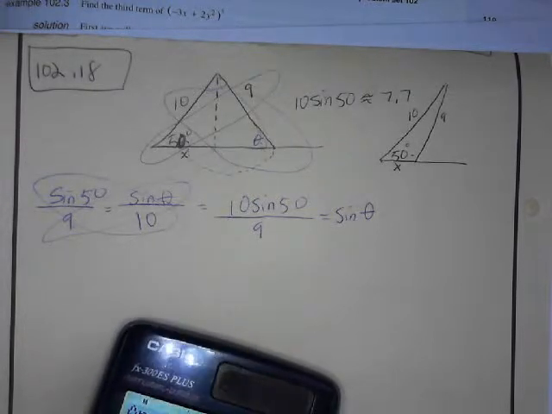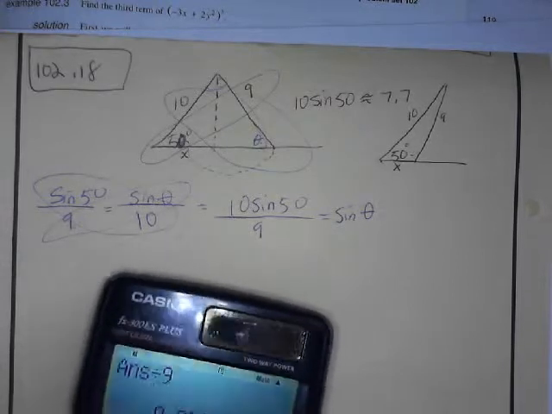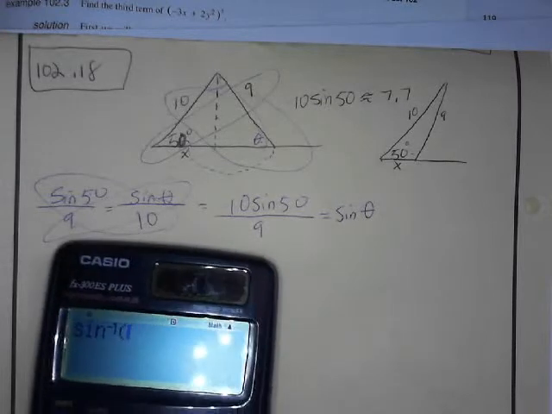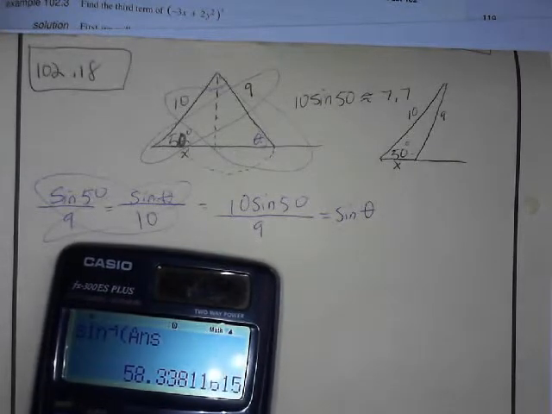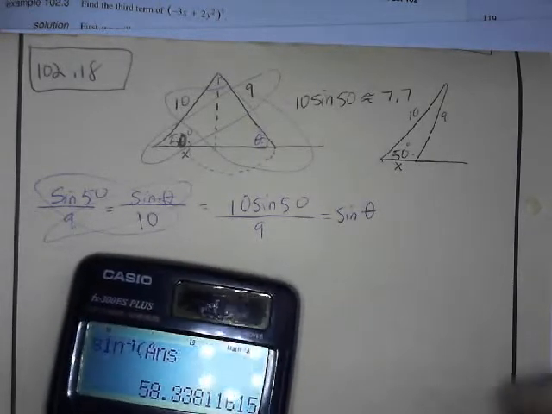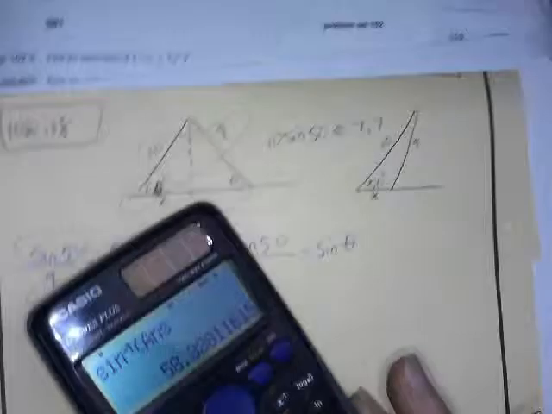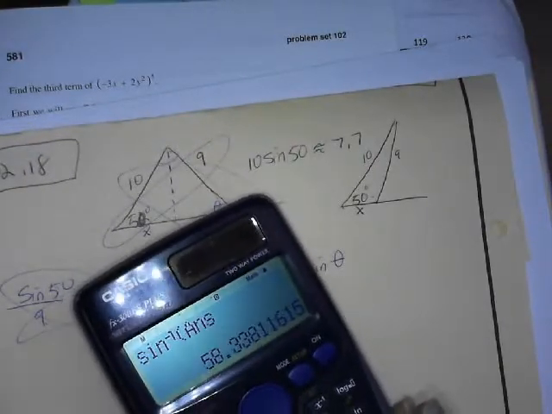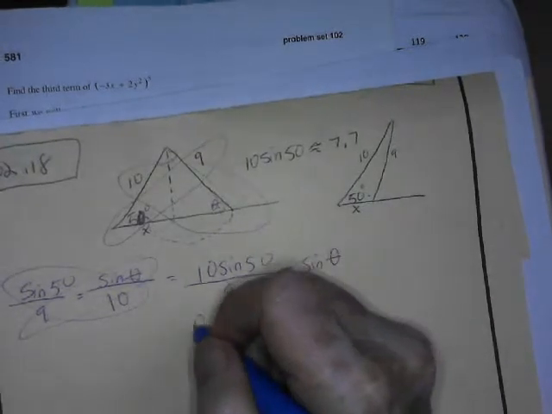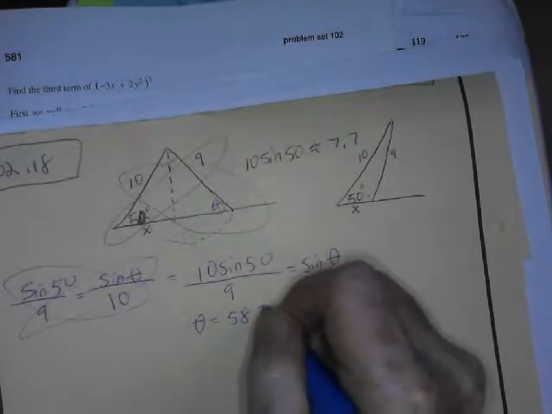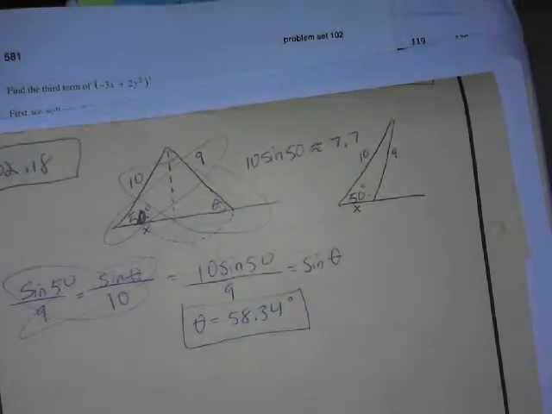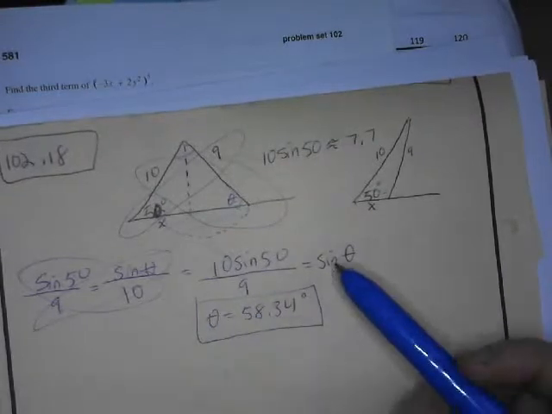Shift sine, answer, equals. I got 58.33, maybe I could call it 58.34. That's not the answer. I'm just boxing it in so it doesn't get lost in the mess. That's 58.34, the acute angle.